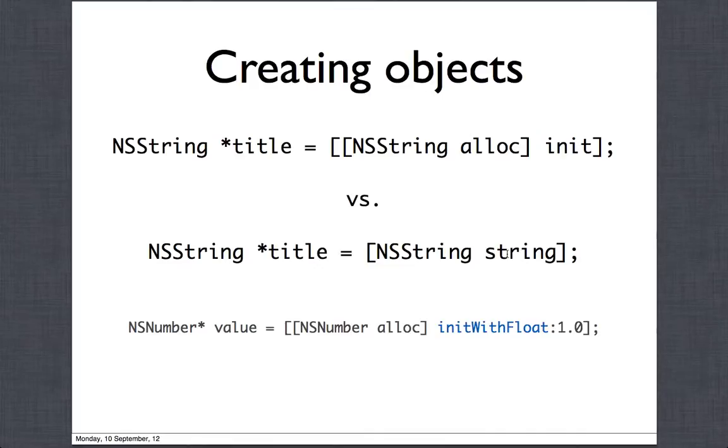Now, why do we have it? Well, it's not that long ago we didn't have that ability. We didn't have that feature of not worrying about memory. We needed to worry about memory because there was no way of releasing the memory automatically unless you used this special way of creating objects.